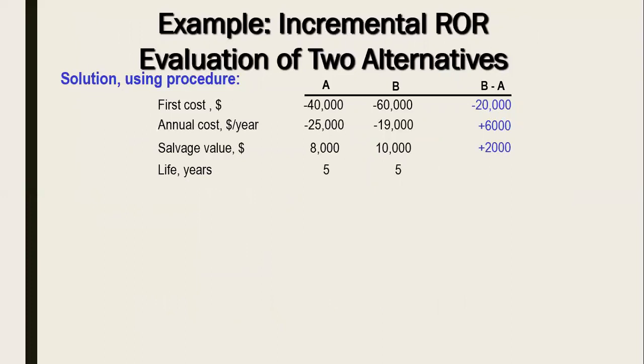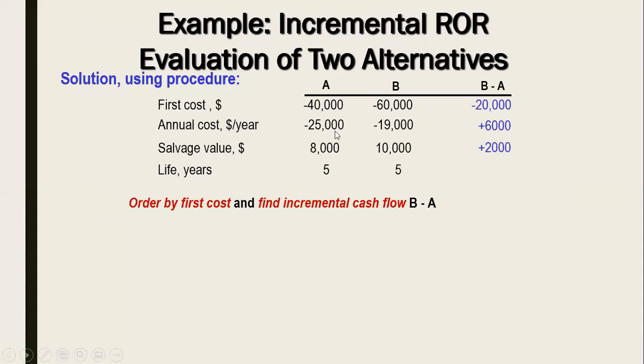Solution using procedures. First of all, we need to order by first cost and find the incremental cash flow, which is B minus A. So A is the lowest cost option, B is the highest cost option. So we need to calculate incremental cash flows first. The incremental first cost will be the difference of 60,000 and 40,000, that is 20,000 more.